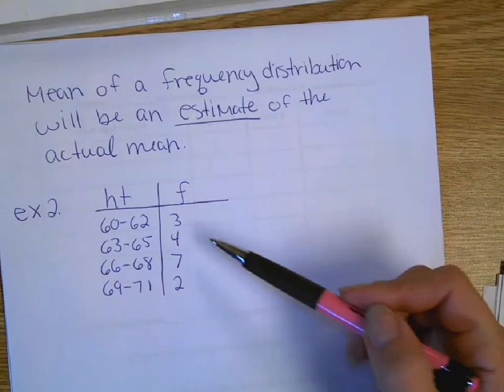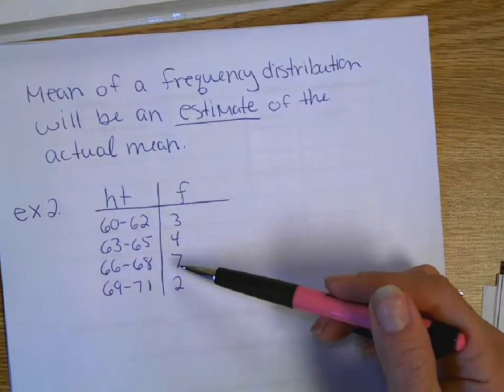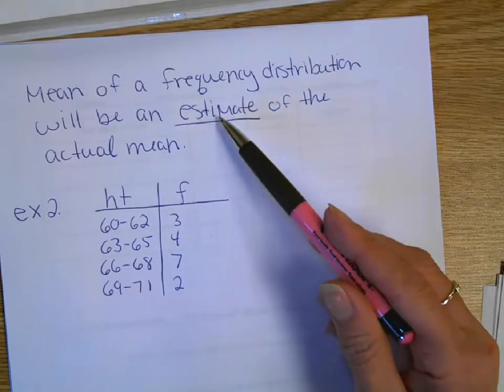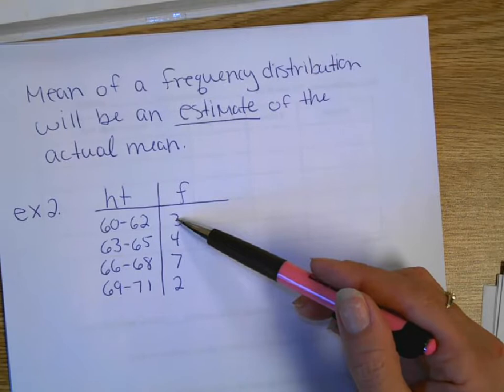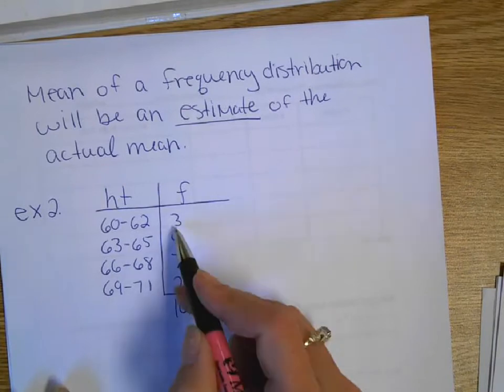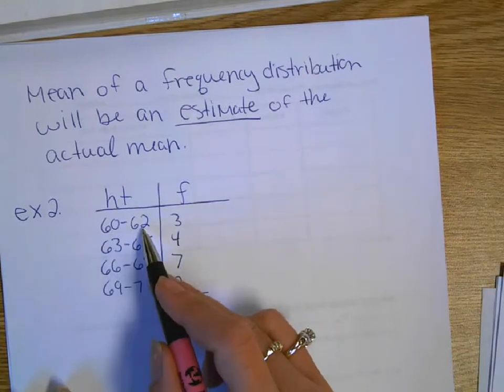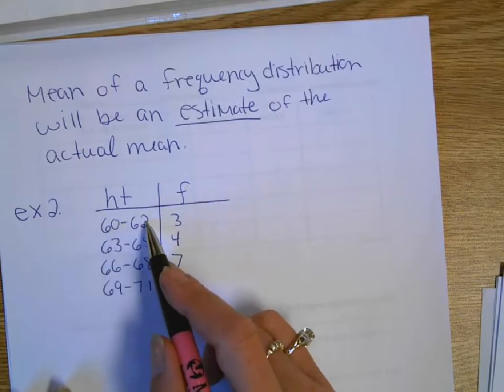Now the reason that this average, I'm asking you, find the average height of this class of girls. The reason it's an average or an estimate is because I don't know the 16 individual heights. I don't know exactly how tall these 3 girls were. Maybe they were all 60, 61, maybe I had a 60 and 2 62s.